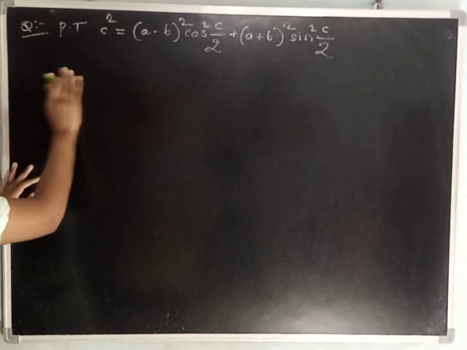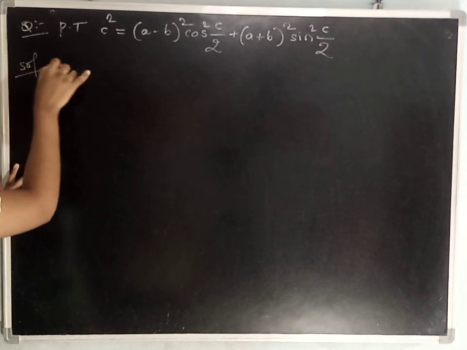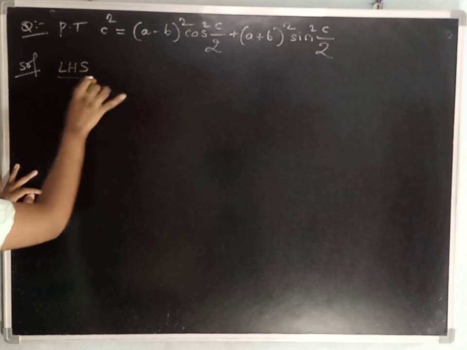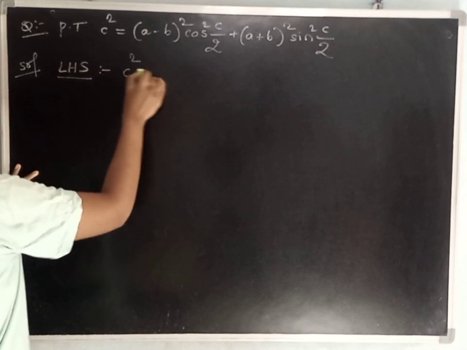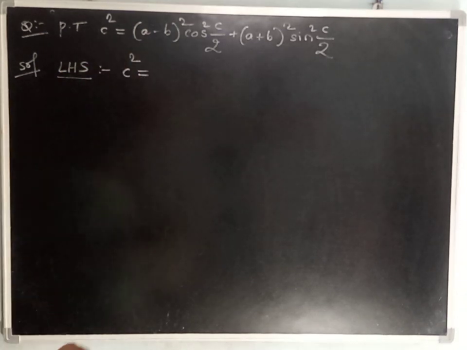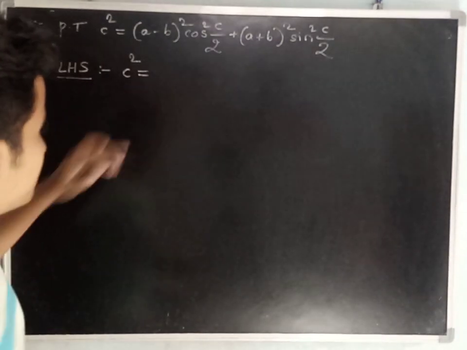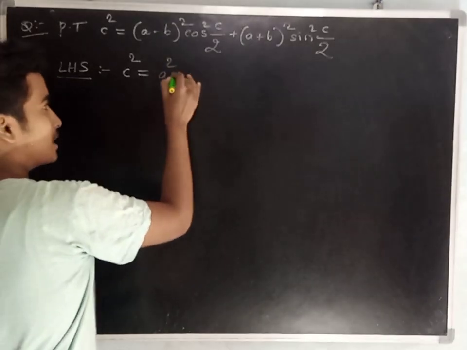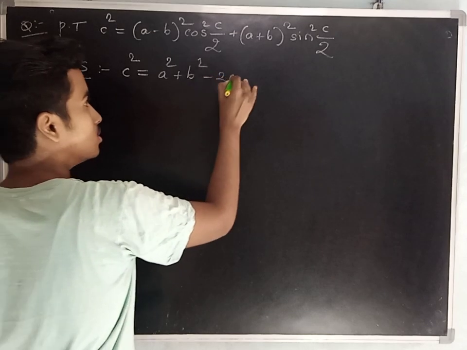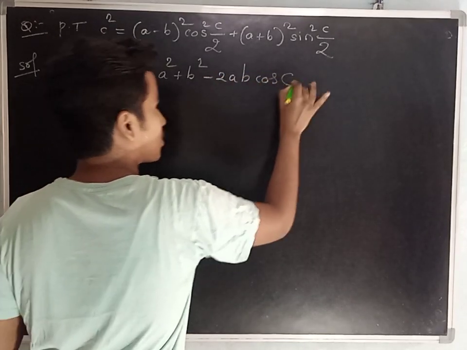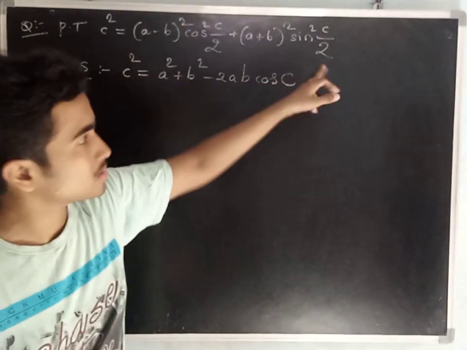So, solution. Let me consider the LHS, which is given as c square. As per the cosine rule, c square can be written as a square plus b square minus 2ab cos C, right? But here they have given it in terms of C by 2.